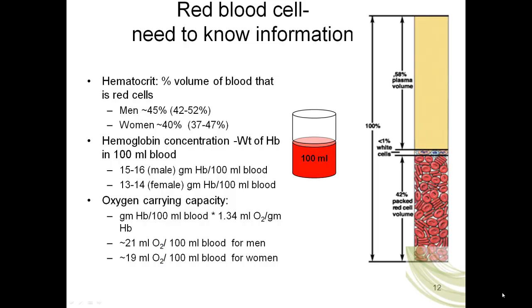Now, hemoglobin concentration. Careful with this one. As we progress through the semester, students oftentimes forget the definition of this one. Hemoglobin concentration is the weight of hemoglobin in 100 milliliters of whole blood. So it has the units grams percent.